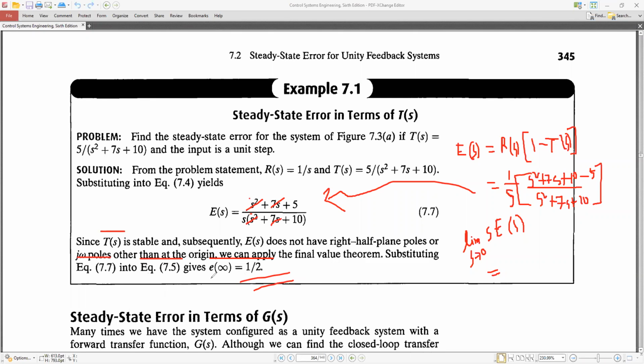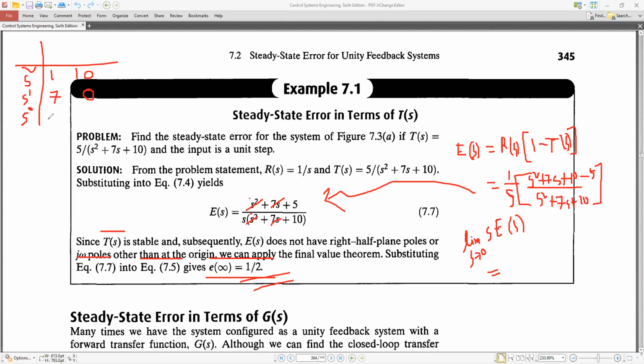So like this you can find out the value of the error. To determine if it is stable or not, you have to determine the Routh table for this one. So let me check the Routh table for this one. s squared is 1, then 1, 10, 7, 0.